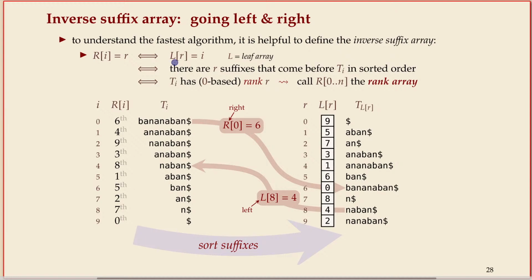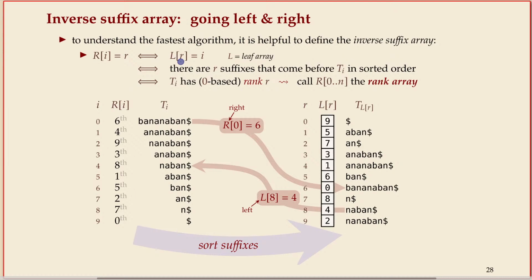So remember, L stands for leaves, because the suffix array really is the leaves of the suffix tree sorted in left to right order. And what we'll introduce is the inverse suffix array. All that you need for the definition formally is in this line. It's the array that stores the inverse permutation.